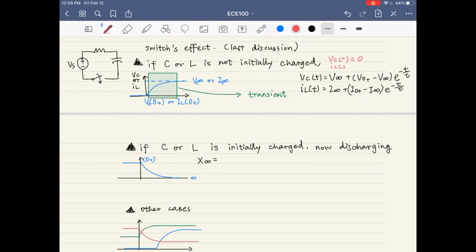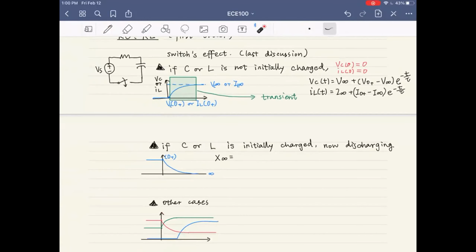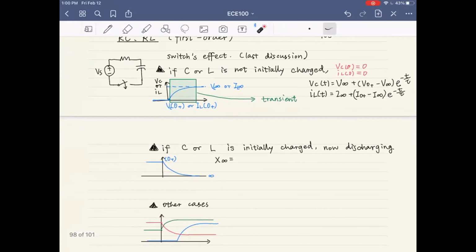This is what you often see in exercises. In this case, when the switch turns on, there's nothing in it, it's just 0 here. And after the switch turns on, it will finally reach a steady state, right? It goes through some difficulty and finally reaches the plateau.